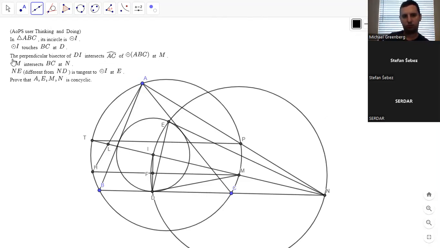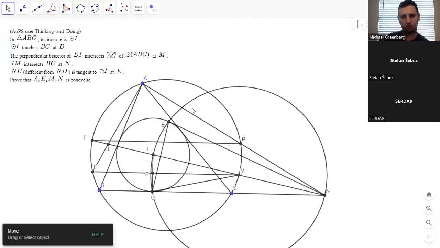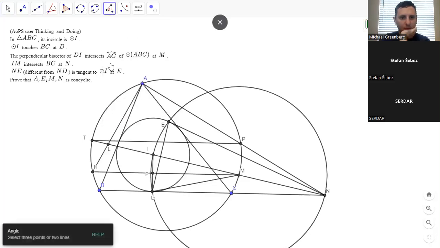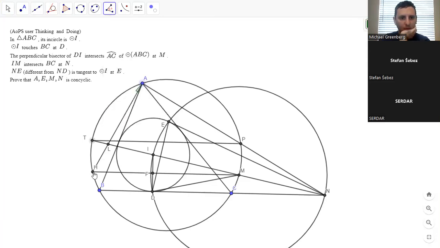Okay. Yeah, we could try to show some things are orthogonal somehow.